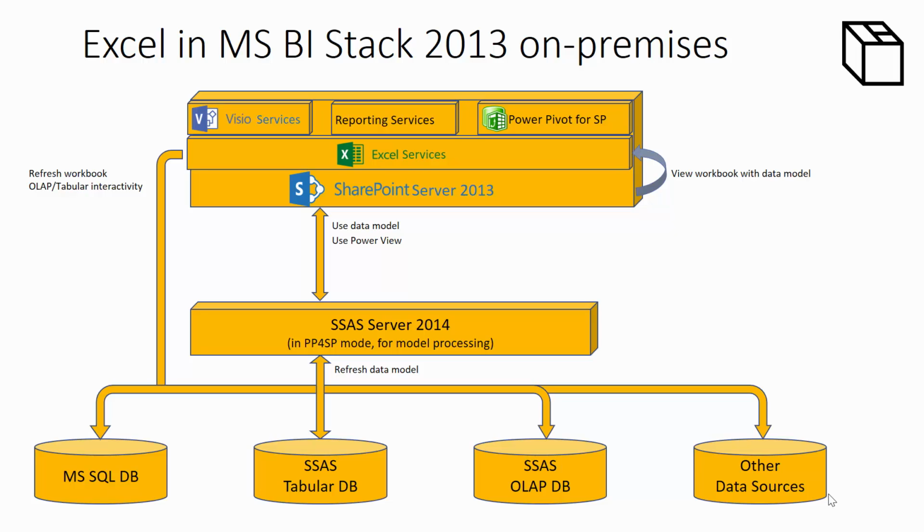So here we have a few boxes. We have the SharePoint server itself with various add-ins running on top of it. You can see that there is a Power Pivot for SharePoint add-in, Reporting Services add-in, Visio Services application.